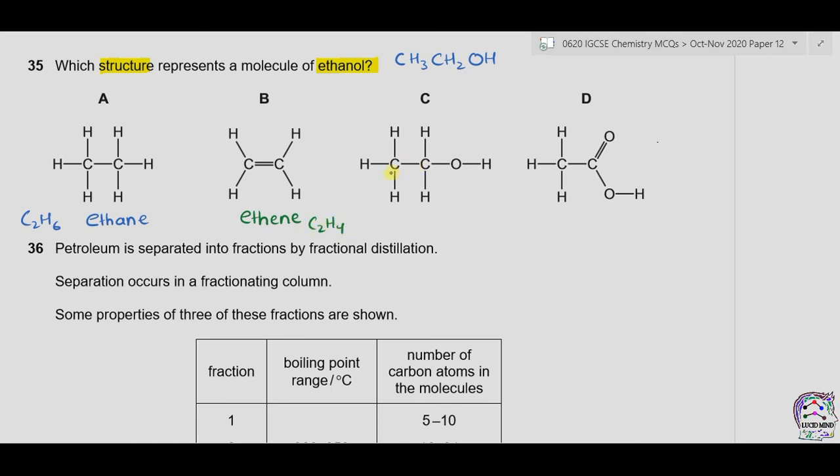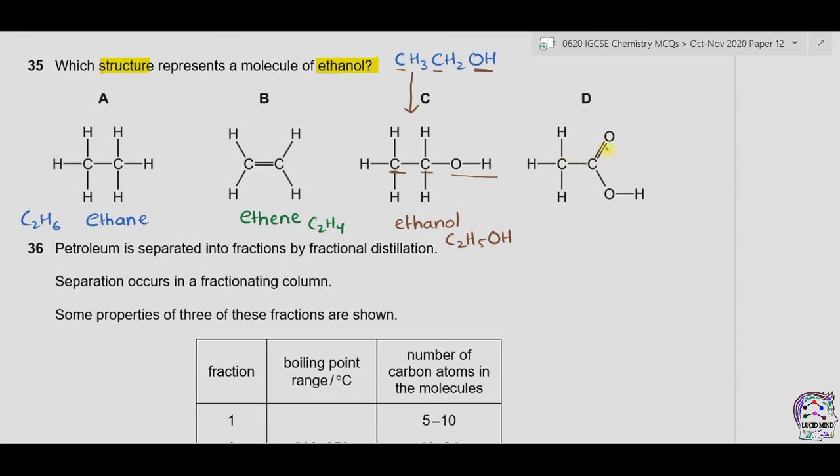In C, we have 2 carbon atoms. With the first carbon atom there are 3 hydrogens, with the second carbon atom there are 2 hydrogens, and we also have OH. So this corresponds to the formula of ethanol, in which the first carbon has 3 hydrogen atoms while the second carbon has 2 hydrogen atoms and also an OH group is attached. So C is ethanol. We can also write C2H5OH because there are 2 carbons, 5 hydrogens and 1 OH.